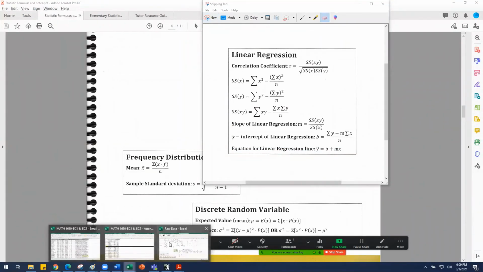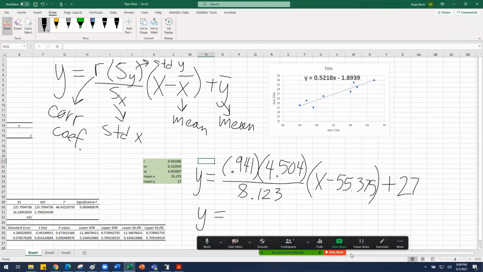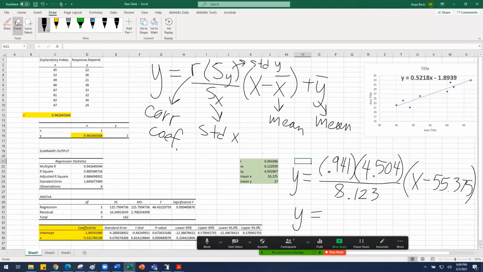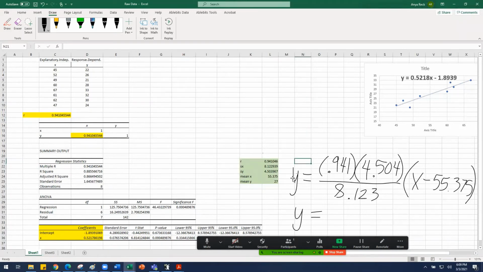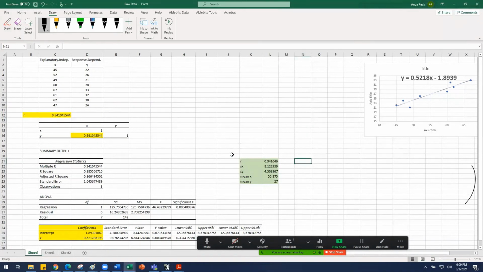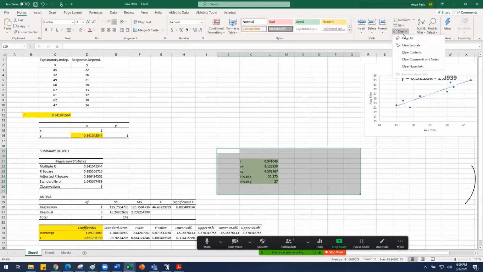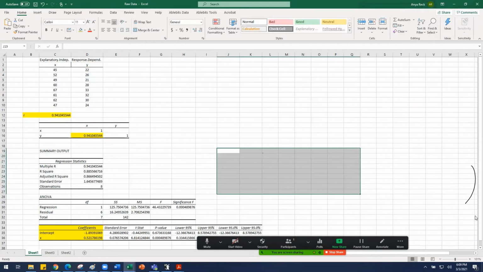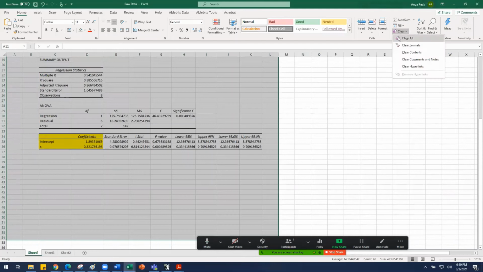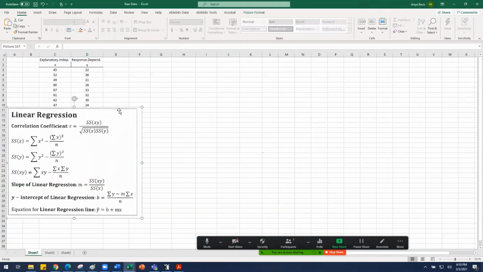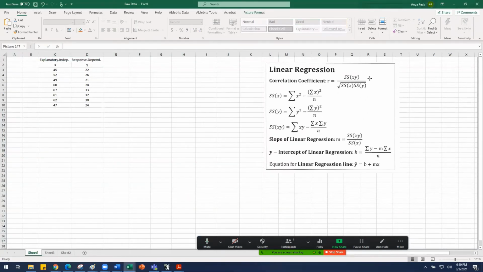And let's go to our Excel sheet. I'll go ahead and clear all this out as well. So here's our formula.